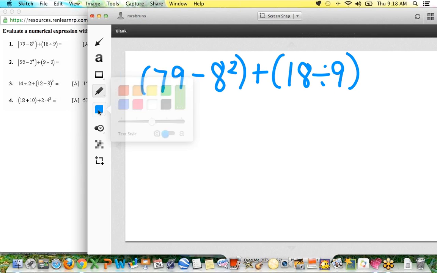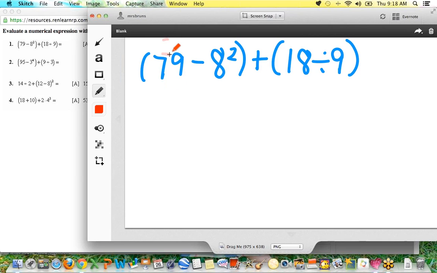So let's just start with this first one. 79 minus 8 squared. Well, I can't figure out the parentheses until I figure out my 8 squared. So what is 8 squared? 64. Perfect.